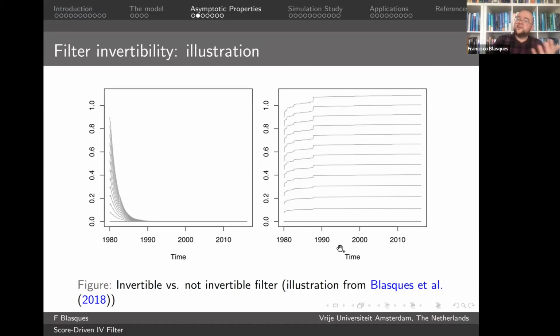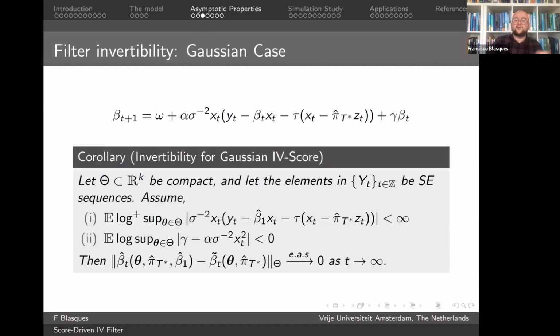A non-invertible filter would have the problem that different starting points lead to bad outcomes. Whereas if the filter is invertible, those different starting points don't really matter, because the differences between the filters vanish very quickly. So we forget about that error quite quickly.